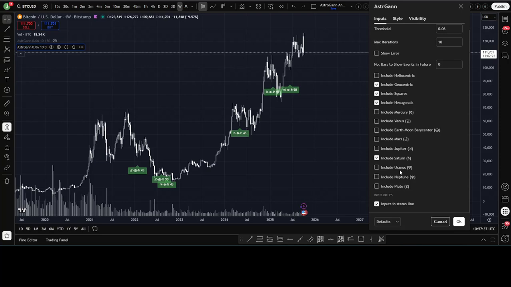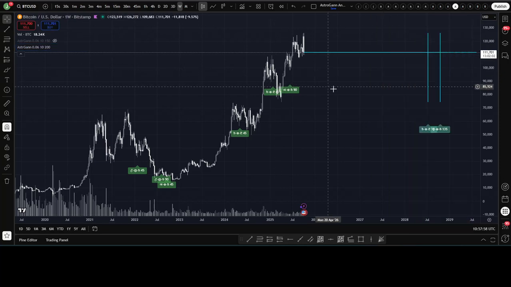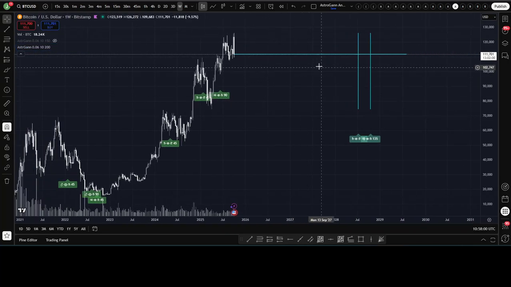Now, a new feature that I've also added is a future look. Currently it's showing all the past data points. What you can do is use the number of bars to show events in the future, and maybe increase that to, I don't know, 200. In this case, it's a weekly chart, so it looks 200 weeks into the future.